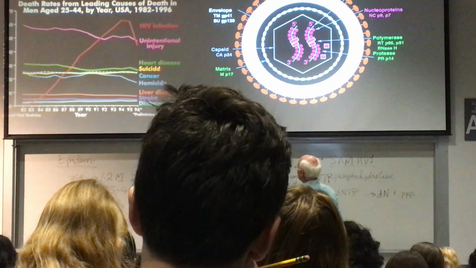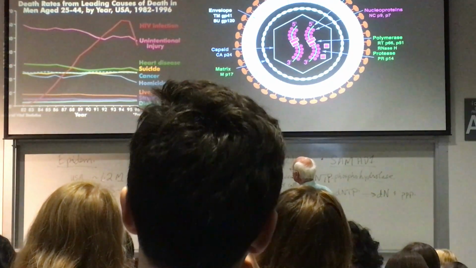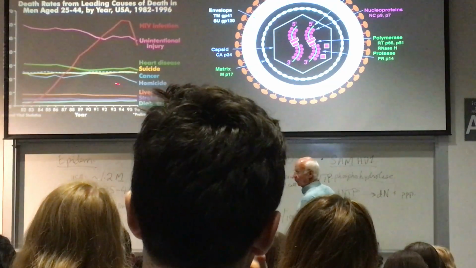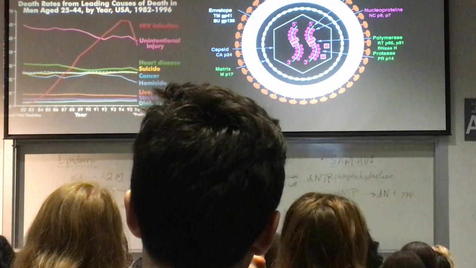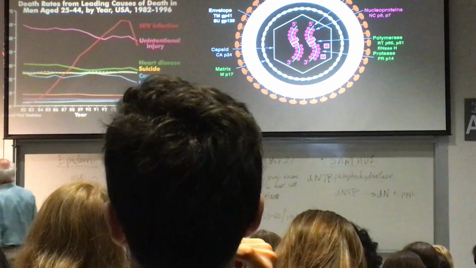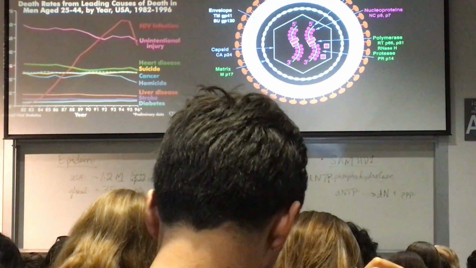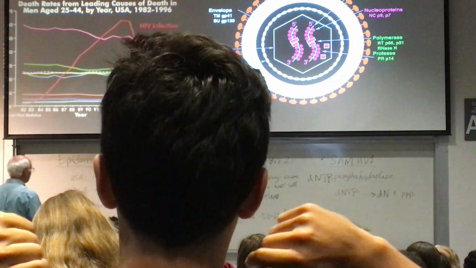And then the next are heart disease, suicide, cancer, and murder as the other causes of death. You can't see the number, but the number is in the order of 25 to 30.